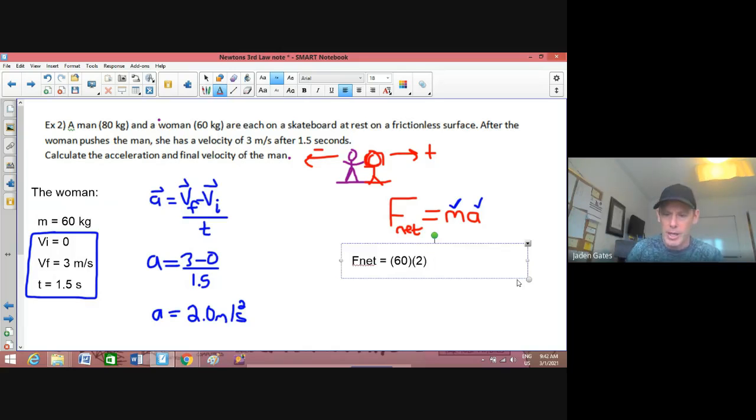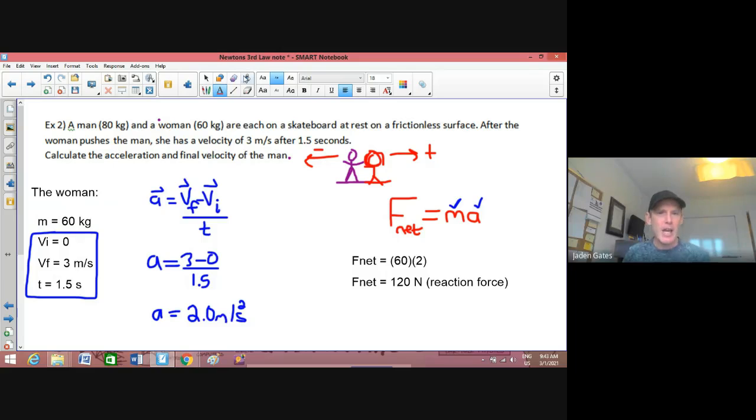Well, that makes calculating easy. And so F net is equal to 120 newtons. And again, because she pushed him, this is the reaction force where his body pushed back on her because of her action force. So that's our reaction force there.